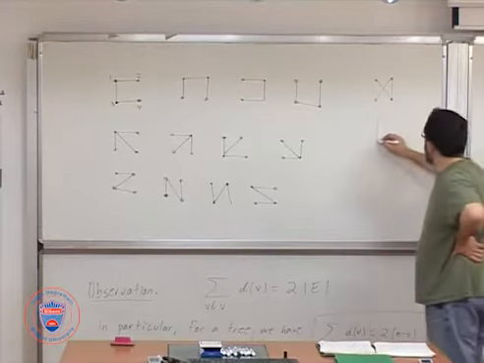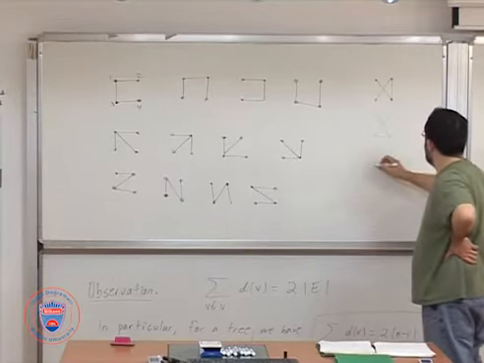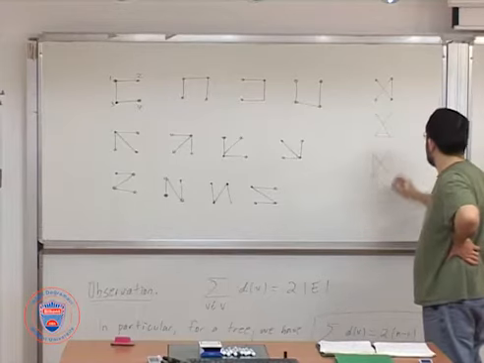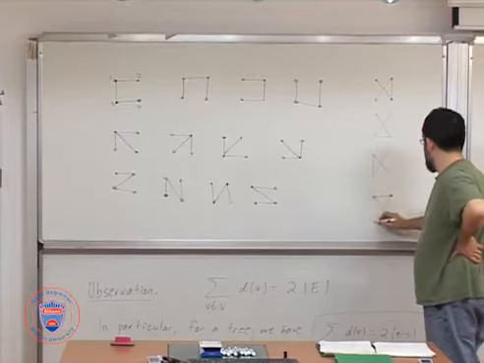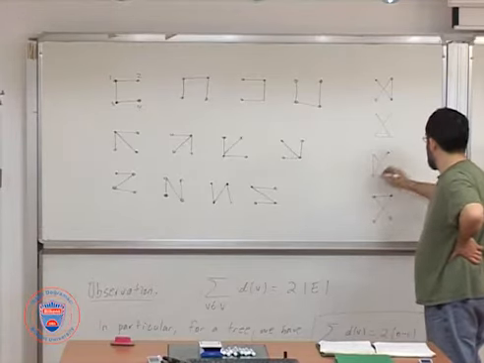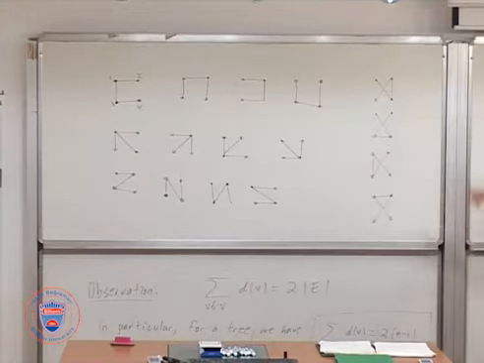So you could have line cross, line cross, line cross. So we get 4 more. So we got all 16.